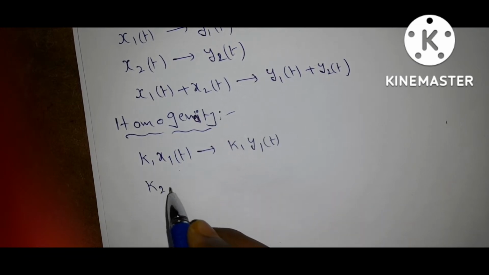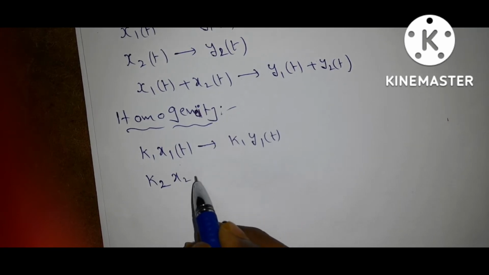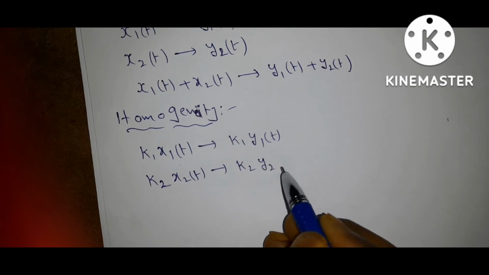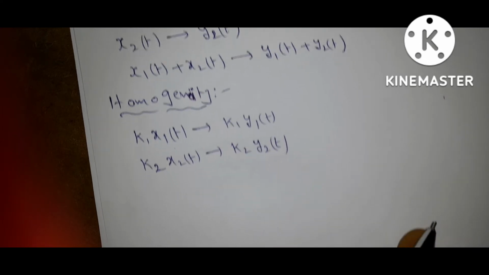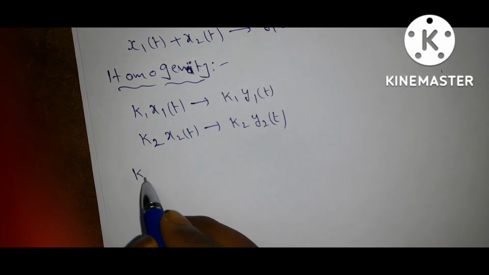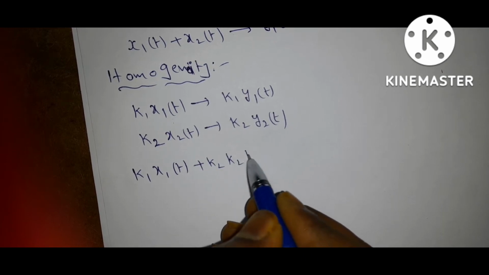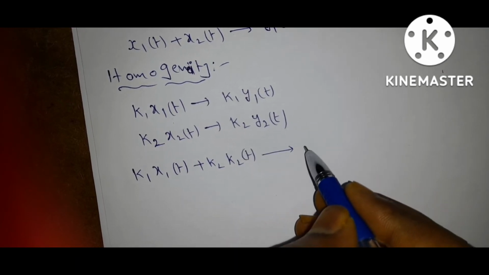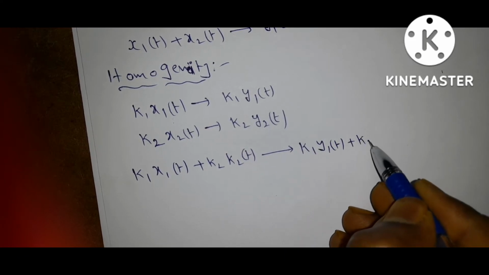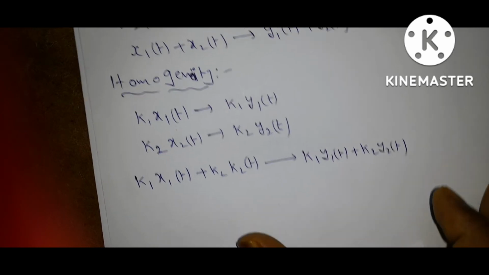If the second input is multiplied by k2, then the response is multiplied by k2. According to the homogeneity principle, k1 x1 of t plus k2 x2 of t gives k1 y1 of t plus k2 y2 of t. This is called the homogeneity principle.